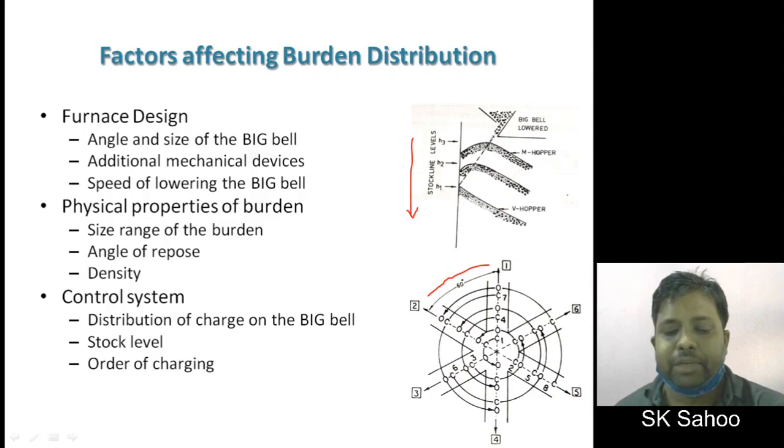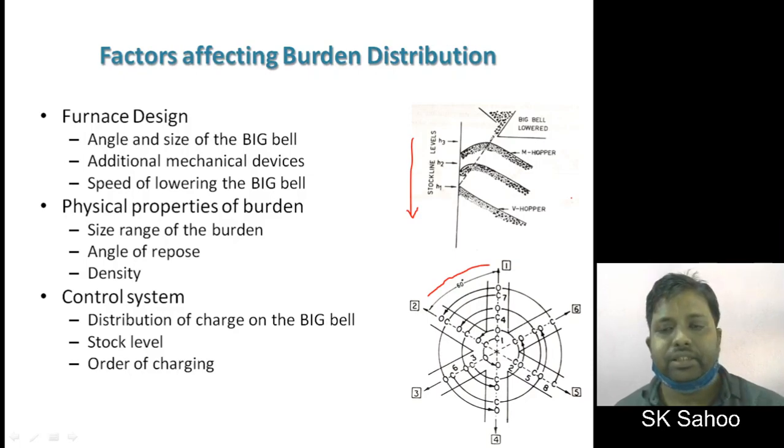It is important to maintain the stock line at the optimum level. Therefore, stock line bars are used, which indicate timely charging. These are suspended from the top and rest on the top of the burden to indicate the stock level. During charging, these are lifted and thereafter reinserted.